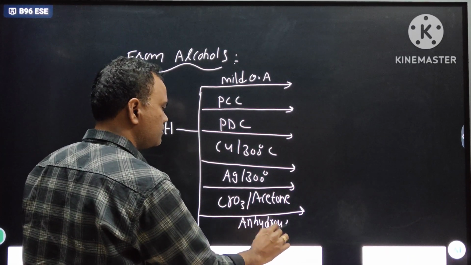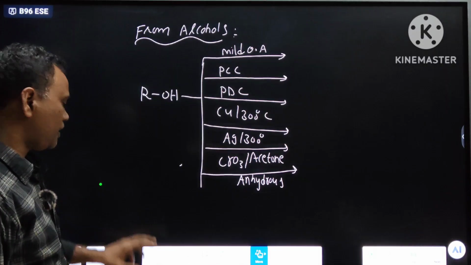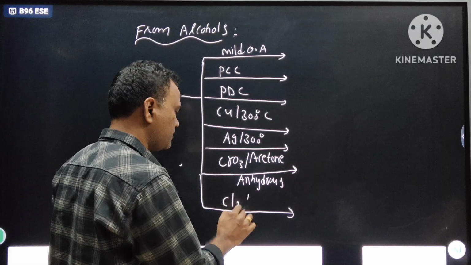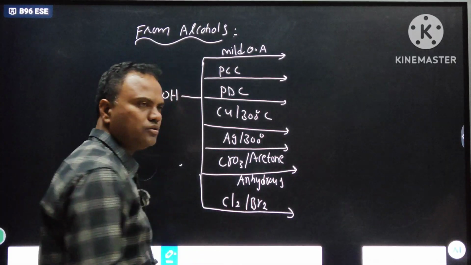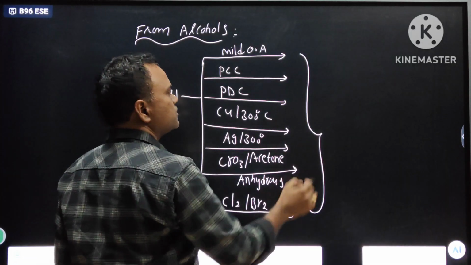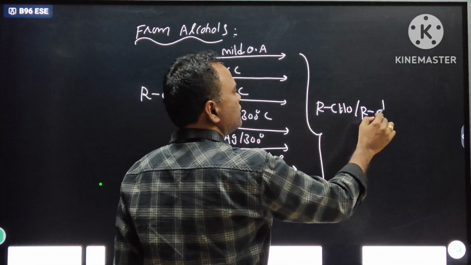Even halogens are considered mild oxidizing agents, like chlorine, bromine. So when we use a mild oxidizing agent, what will we get? We'll get aldehyde or ketone.